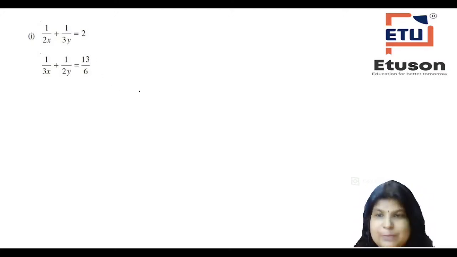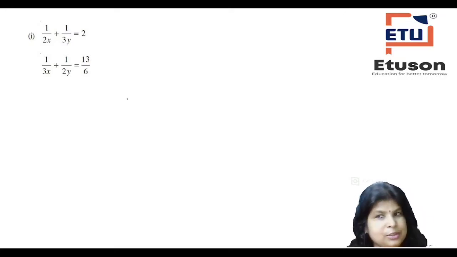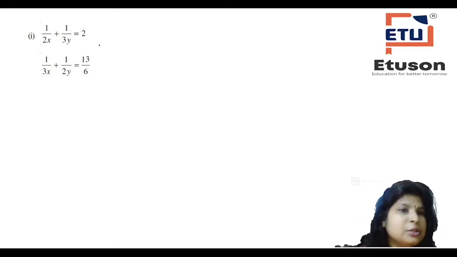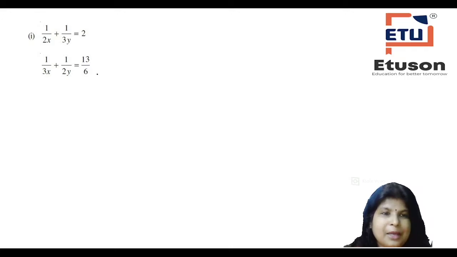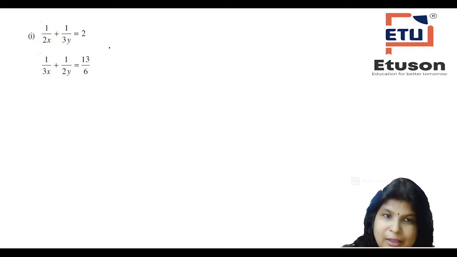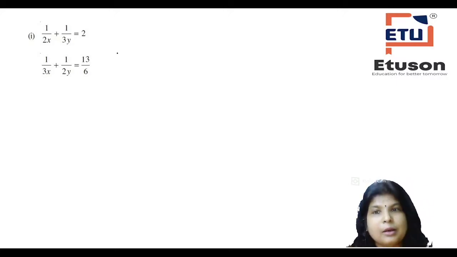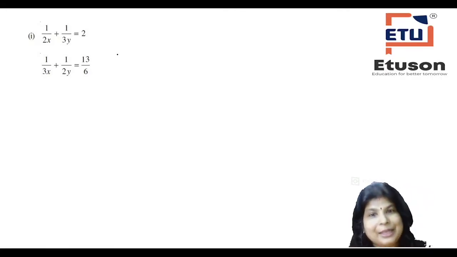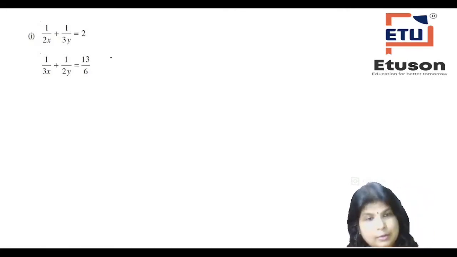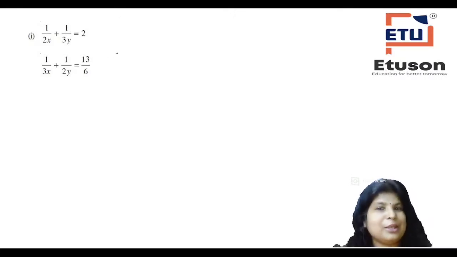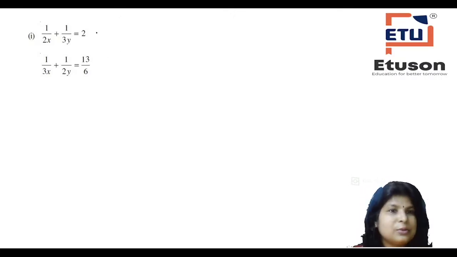It is ax plus by plus c is equal to 0. Hope you remember it. So, as the pair of linear equations given here is not in standard form, we can substitute the variables with another set of variables and bring it to the standard form of linear equation, then we can solve it. Okay, so let us start then.